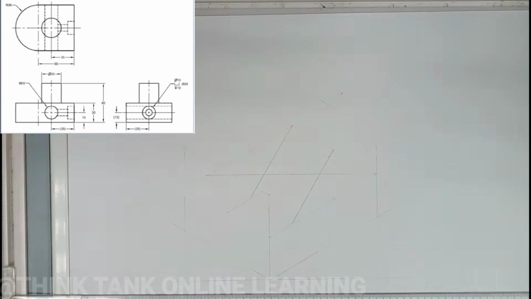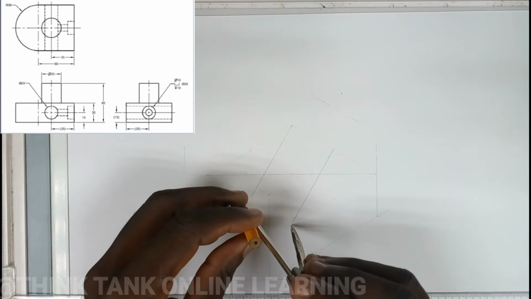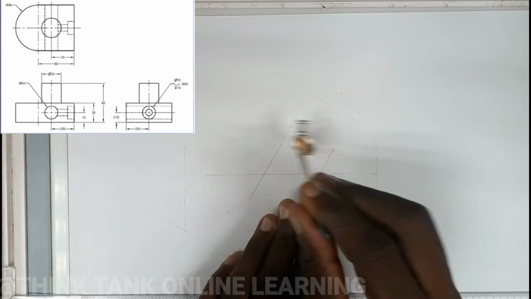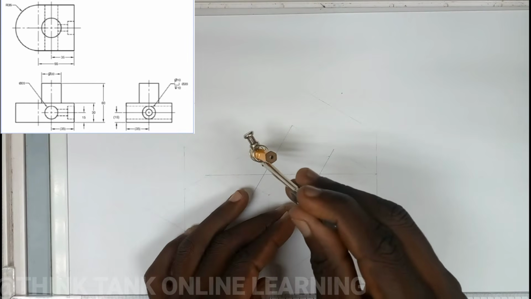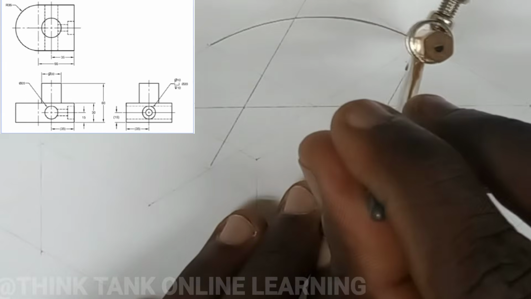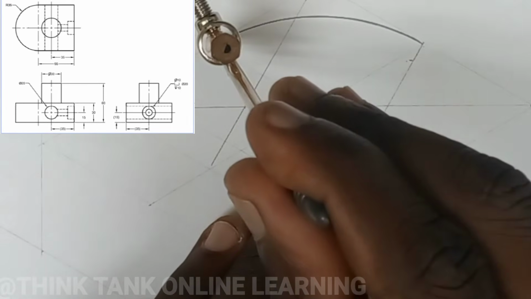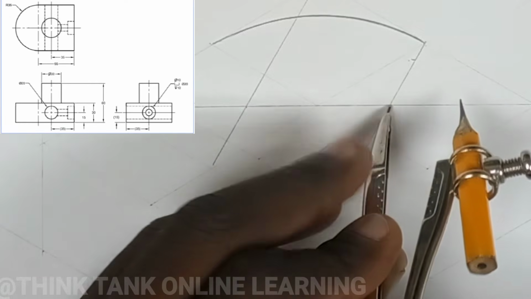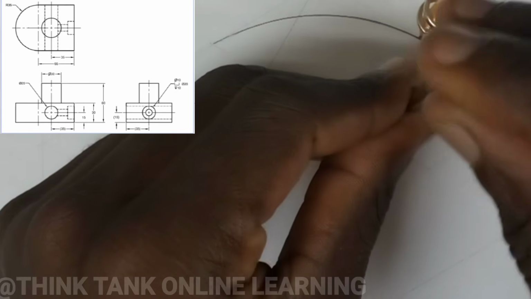Take your compass, standing here, draw a smooth arc. Standing here, draw and finish your arc.